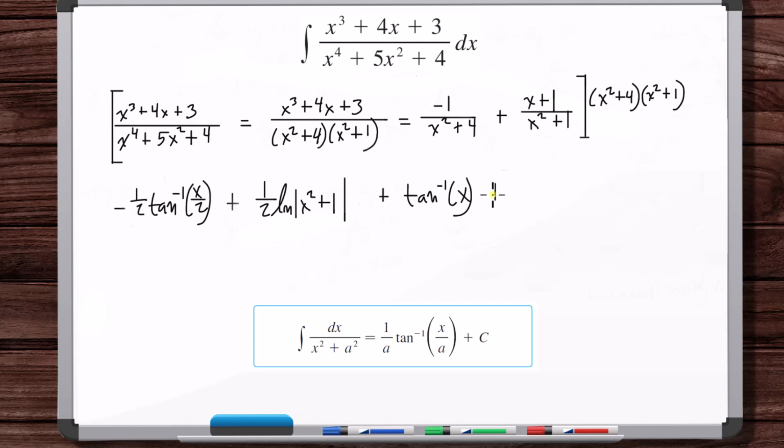And there we go. Oh, this is going to be always positive, so we can remove the absolute value. That's the integral.